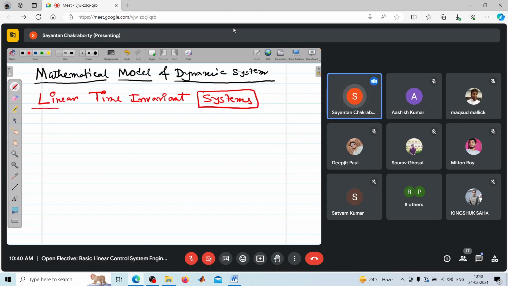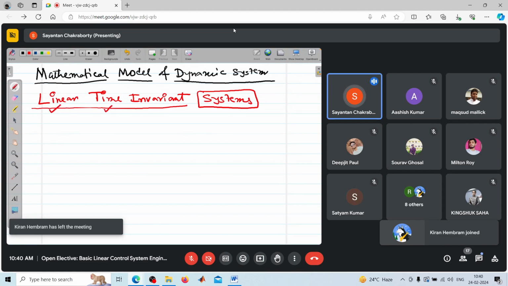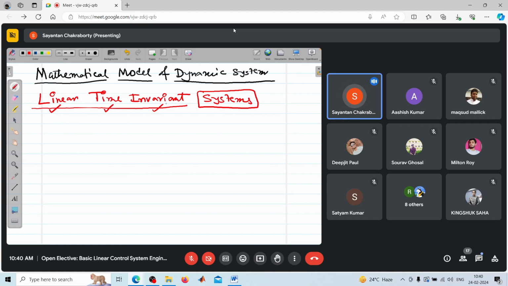Again, I should reiterate that we rarely find such linear time invariant systems in nature. But what we intend to do is to represent any physical system, it may be linear, it may be time varying, it may be non-linear, it may be time invariant, by a model. The model that we want is an LTI model.